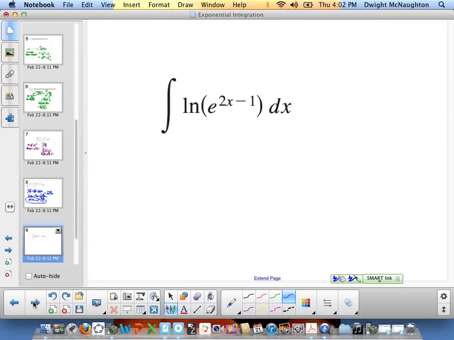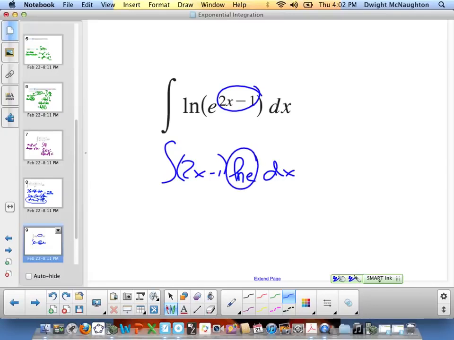Finally, this one. This one absolutely stumps people until they just sit down and look at it and apply algebraic properties of a natural log. What you should notice is we can bring this out front because it's an exponent. So we can rewrite this as 2x minus 1 times the natural log of e. Well, the natural log of e is a fancy way of saying 1.